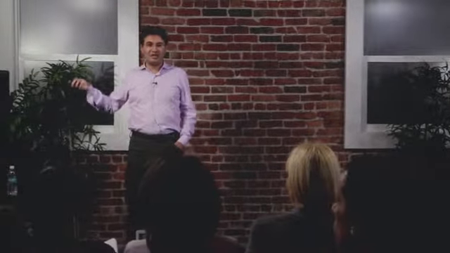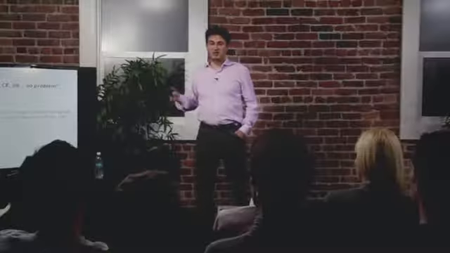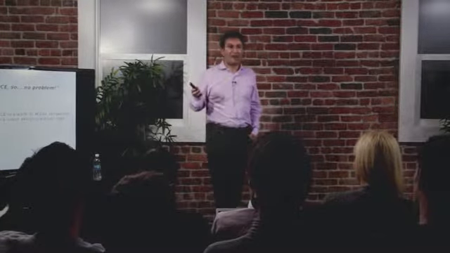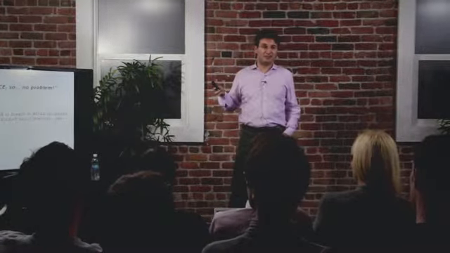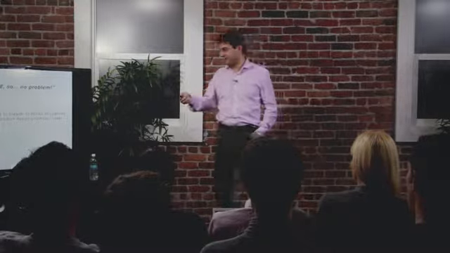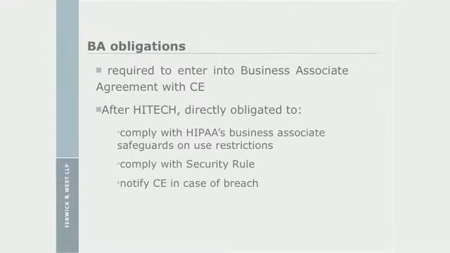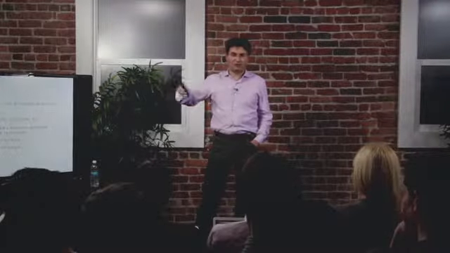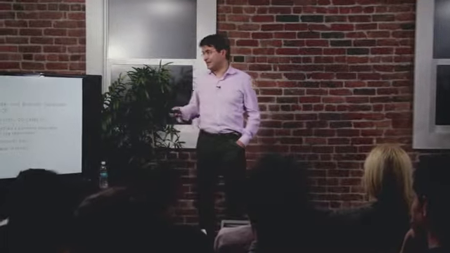As a general rule, if you are a business associate and you are performing functions for the covered entity, you need to respect a number of different provisions, and you cannot cause the covered entity to breach its HIPAA obligations. So in terms of the specific obligations that you'll be subject to under HIPAA as a business associate, number one, you are required to enter into a business associate agreement with the covered entity, which is the agreement that specifies on a contractual basis all of the different measures that you're supposed to implement, or rules that you're supposed to comply with under the agreement.